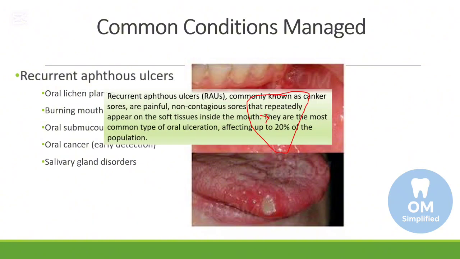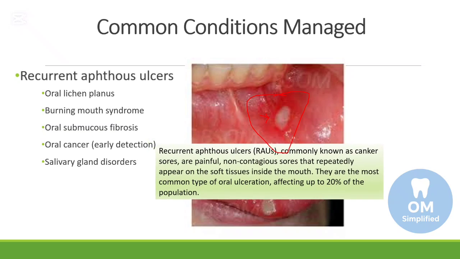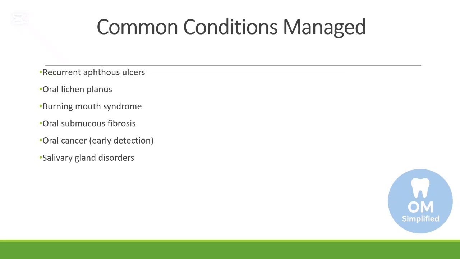Recurrent aphthous ulcers are commonly known as canker sores and are painful, non-contagious sores that repeatedly appear on the soft tissues inside the mouth. So it can happen over and over again, hence the name recurrent aphthous ulcers. They are the most common type of oral ulcerations and they affect up to 20% of the population.